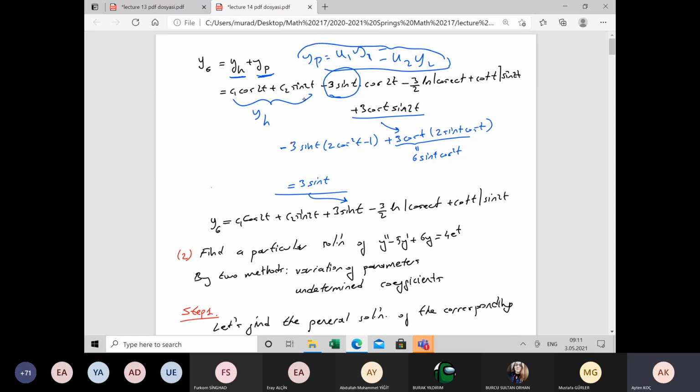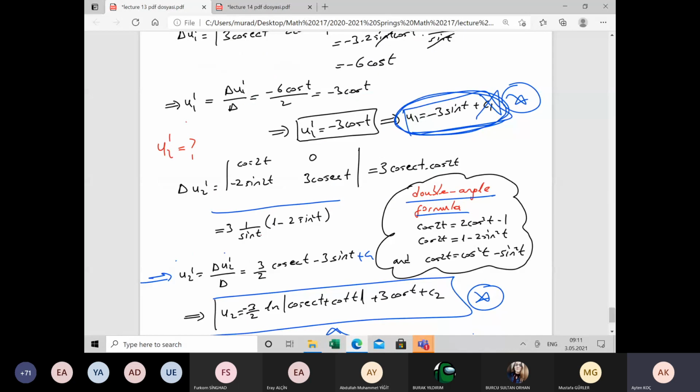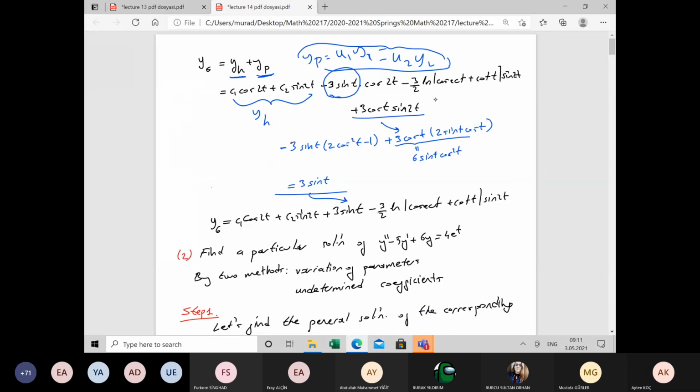So, y sub p should be u1 y sub 1 plus u2 y sub 2, and the u1 is here, right? But ignore the integration constant c1 and c2, right? And the u1 is minus 3 sine t times y sub 1.